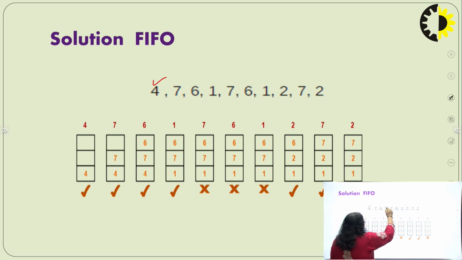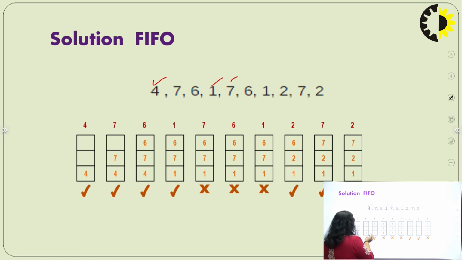Now when we want to fetch the data 1, which page do we have to swap out so that this number can be put in the main memory? In these blocks we swap out the oldest page, and the oldest page number is 4. So we swap out 4 and swap in 1 in its place.